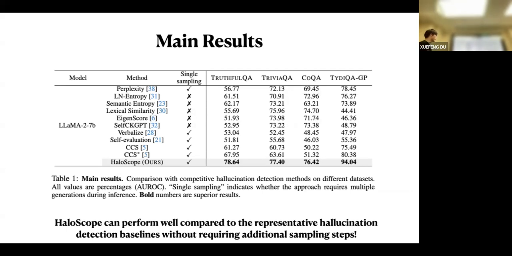We also compare with the unsupervised learning approach CCS, which is very closely related to ours. We found that our approach can outperform all of these competitive baselines, without an additional sampling step to estimate the truthfulness of the generations. So it is efficient and effective in practice.